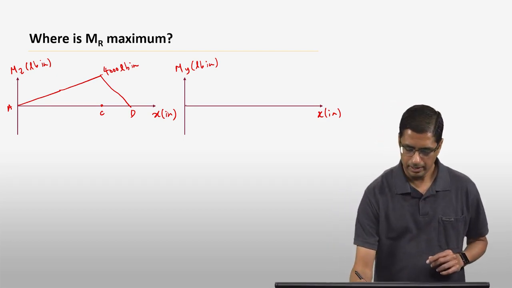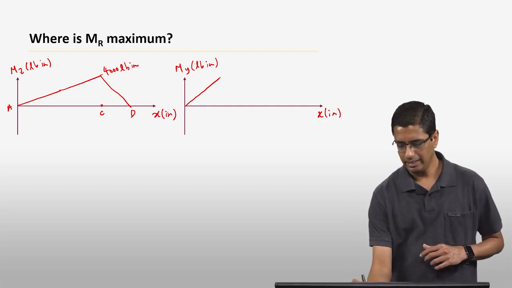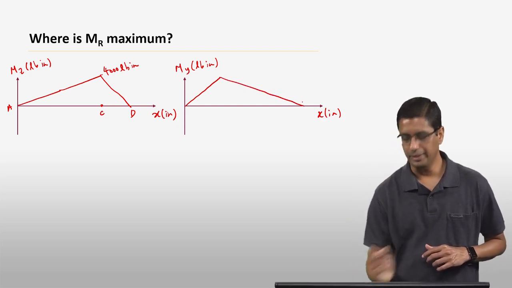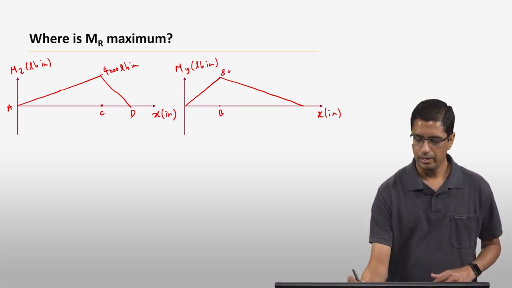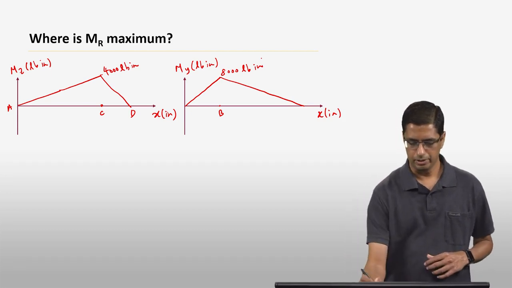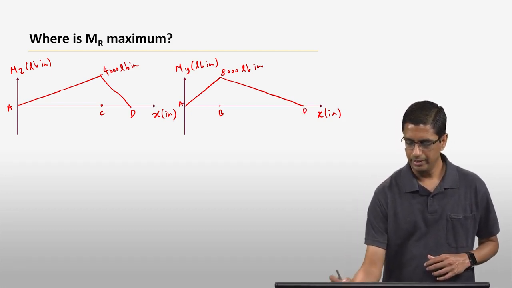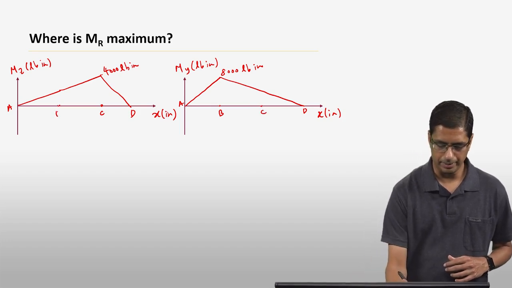The My diagram becomes maximum at point B, okay? And then it keeps reducing all the way to point D. So this is point B here, and this is 8,000 pound inches. Okay, so this is point A, this is point D, and this is somewhere point C. Okay, and somewhere here is point B.